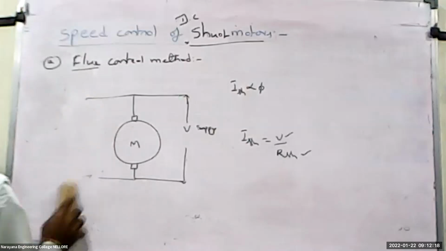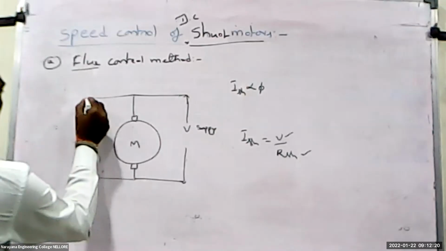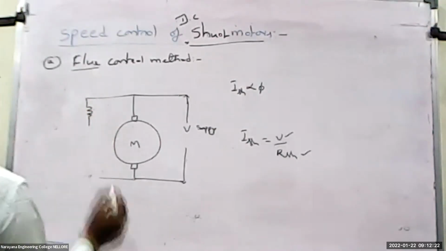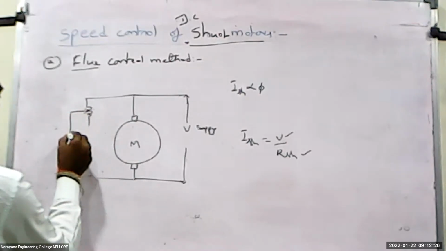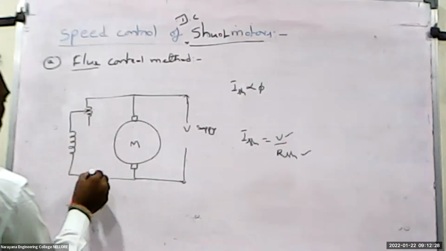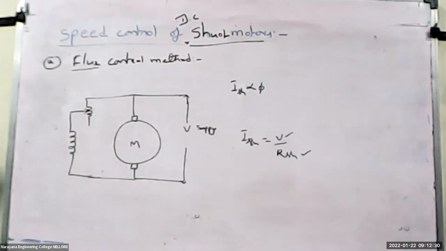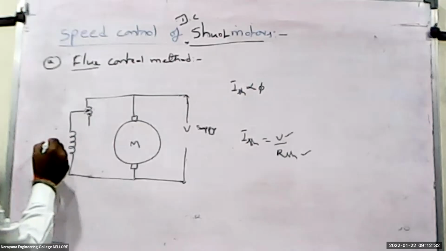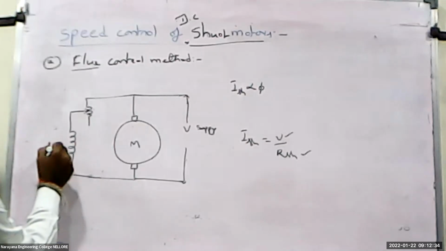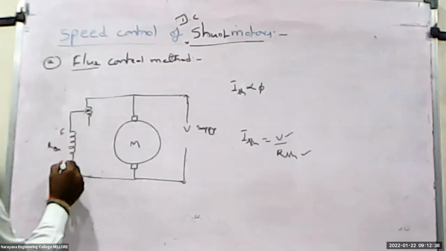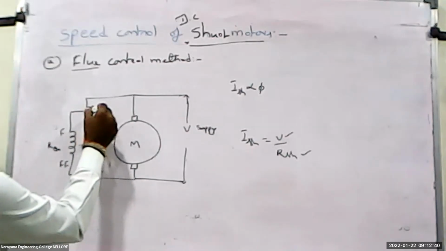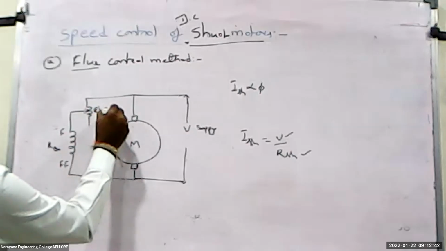So we'll observe here. We have to give one variable resistor, also called a rheostat, which is connected in series with the field winding. So this is called R_SH or field winding, and here it is called a rheostat.